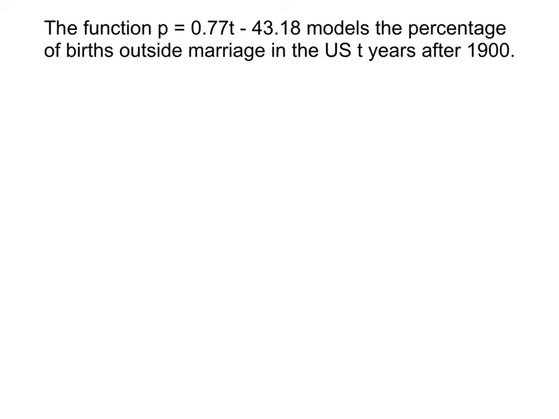Now in this next example, the model is given to us, and we're going to try to find and interpret the slope. So the function p equals 0.77t minus 43.18 models the percentage of births outside marriage in the U.S. t years after 1900. And our job is to find and interpret the slope.